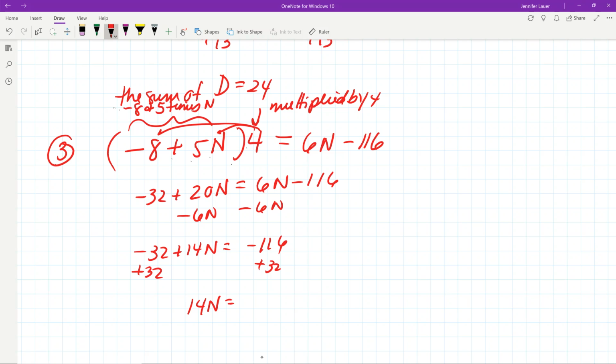So I'm going to say -116 plus 32. Oops. Guess it would help if I put it in the calculator, right? So this is -84, and then I'm just going to divide both sides by 14, and my n is going to be equal to -6.